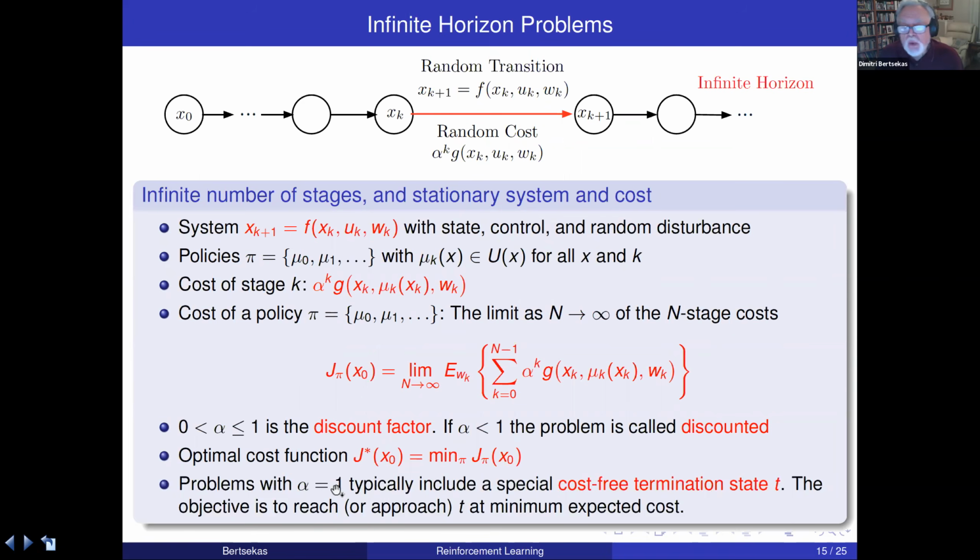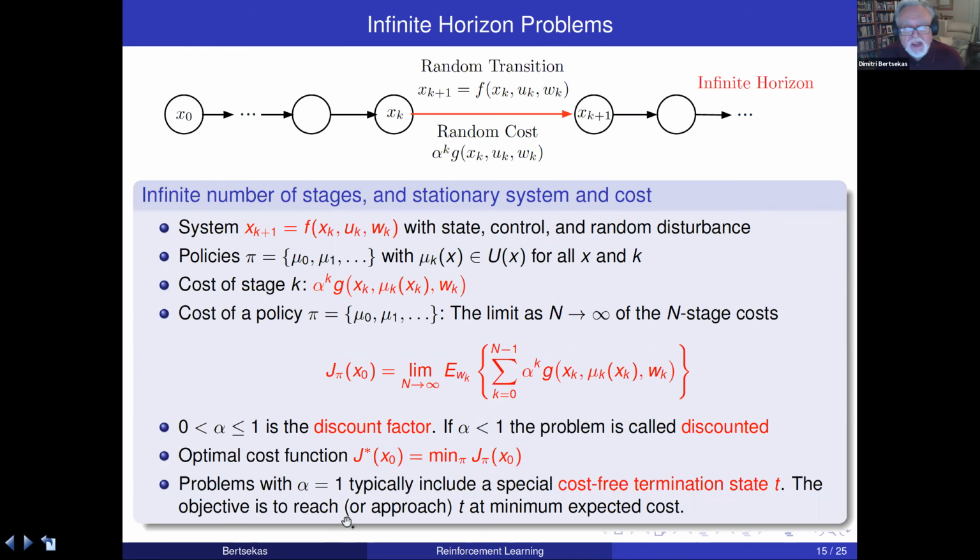Now, when alpha is equal to 1, you have to have some other mechanism to keep the cost function bounded. So typically, this mechanism is provided by a special termination state. It's a termination state that's cost-free. Once you get there, you don't incur any costs further. And also, you stay there, a cost-free and absorbing termination state. Shortest path type problems are of this kind. And the presence of this termination state keeps the cost bounded.